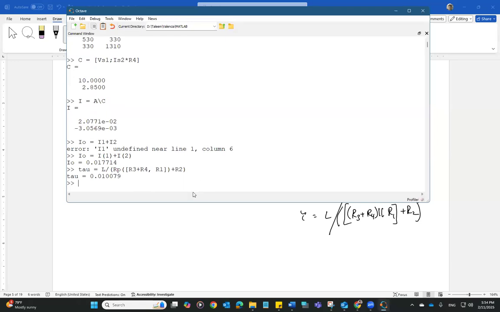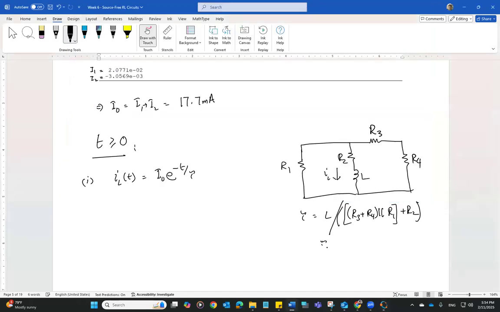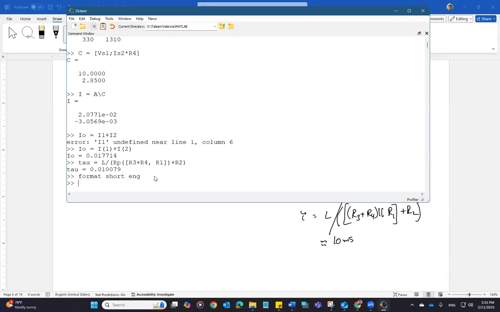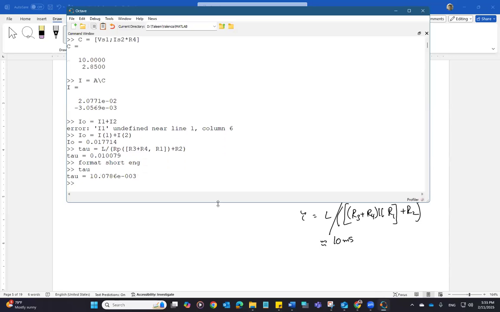0.0100, so basically 10 milli... not ampere, sorry, 10 millisecond. 10.08 millisecond.